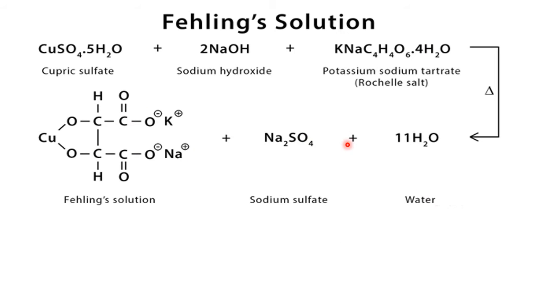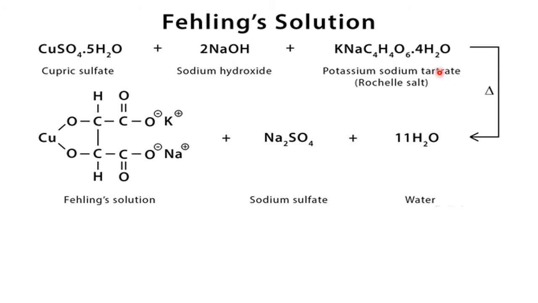Now this is how Fehling's solution is prepared, not for your syllabus but for extra knowledge. This is called Fehling's solution A, or number 1, and this is potassium sodium tartrate. It is made from tartaric acid by adding potassium and sodium salts, giving potassium sodium tartrate. That is added to the alkali, sodium hydroxide.